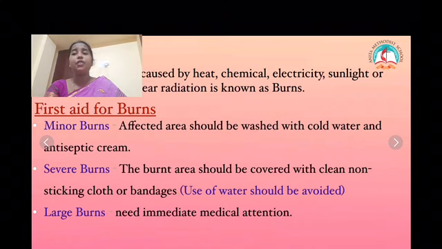If you have a severe burn, the burnt area can be covered with a clean non-sticking cloth or bandages. Usage of water should be avoided in severe cases. Large burns, you have to take them immediately to a doctor, children. We should not keep them at home. So they need immediate medical attention.